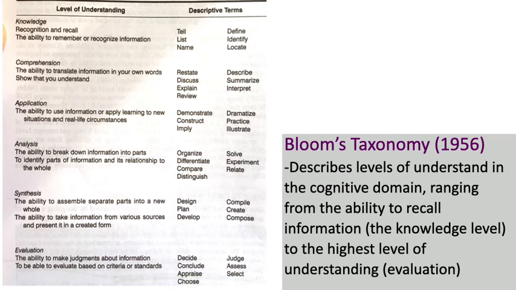It describes levels of understanding in the cognitive domain, ranging from the ability to recall information, which is the knowledge level, to the highest level of understanding, which is evaluation. So you see different levels of understanding on the left side, and descriptive terms for each level.